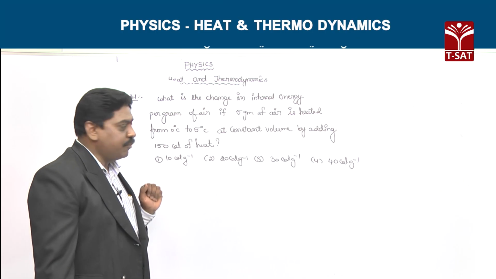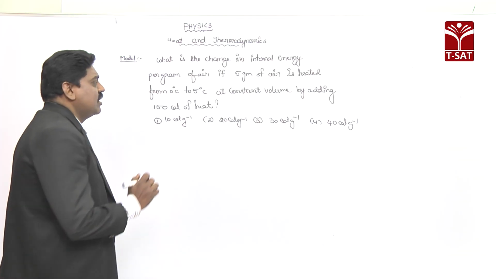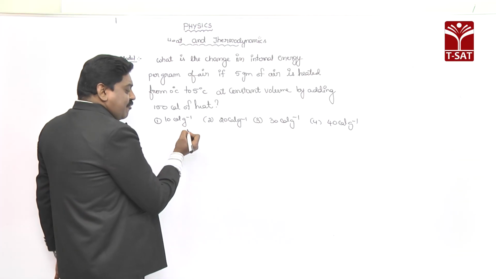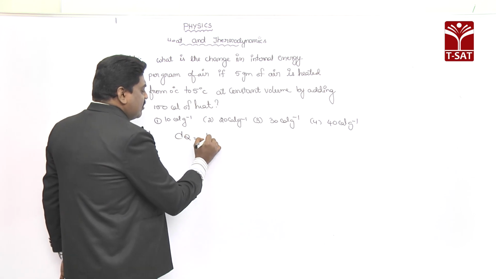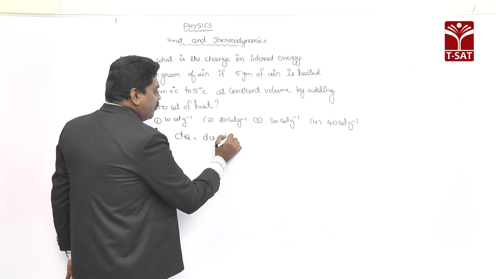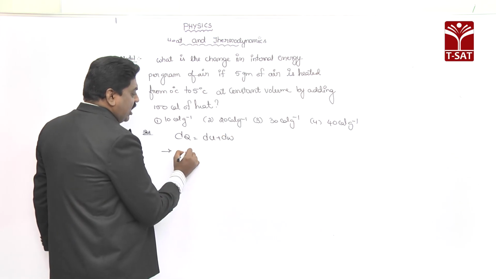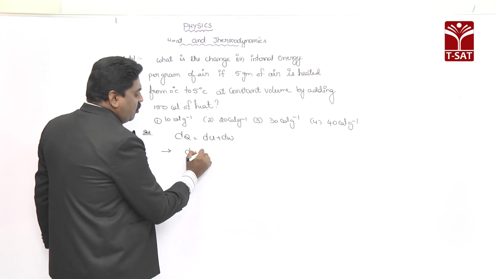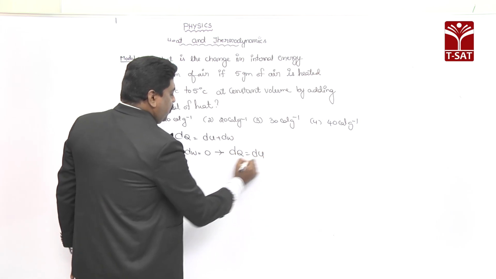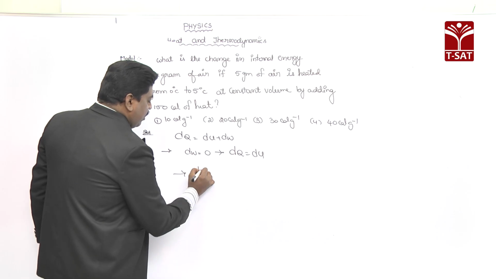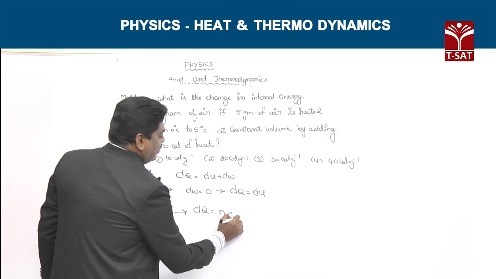Okay, fine. And now, what we do is we consider first law of thermodynamics. What it says is dq is equals to du plus dw. At constant volume, dw equals to 0. It implies dq is equals to du. dq can be written as m Cv dt.